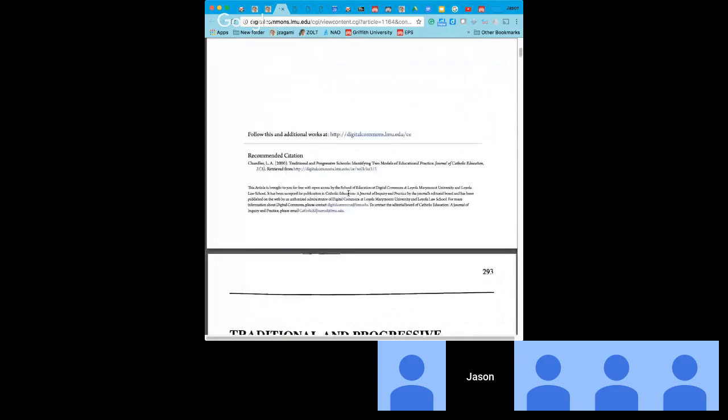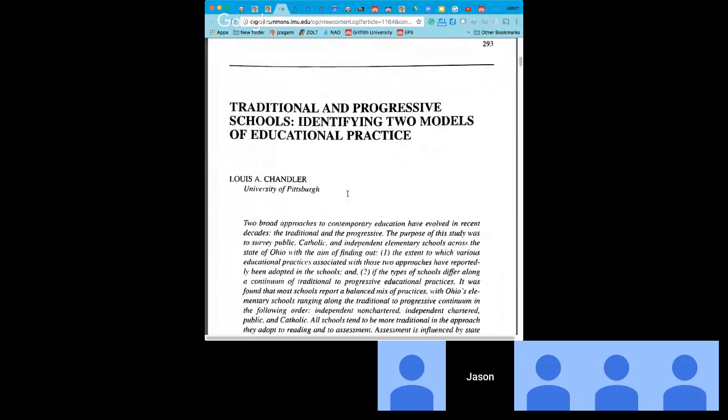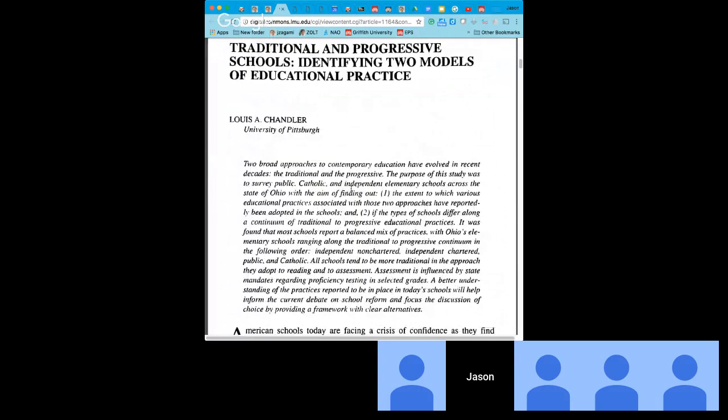Okay, so Chandler puts forward a comparison of traditional versus progressive education. So what we're looking at here is the idea of not just introducing technology, but also introducing some changes to how we teach, because technology can enable different ways of teaching or can support ways of teaching that we may not have been able to achieve or wanted to achieve without the use of technology.